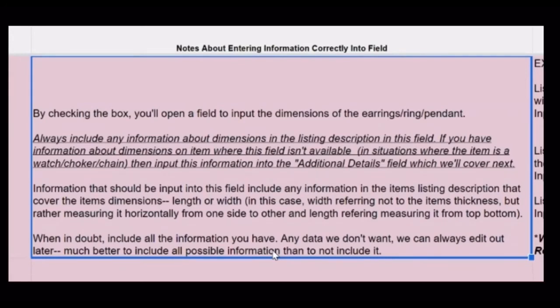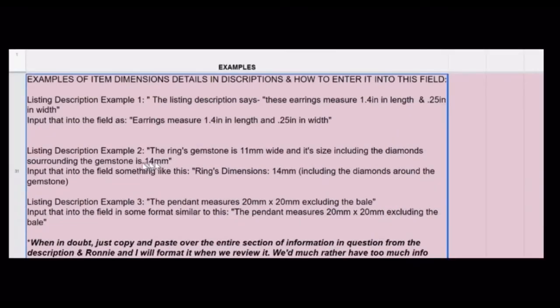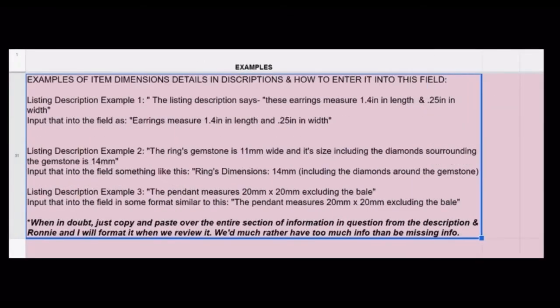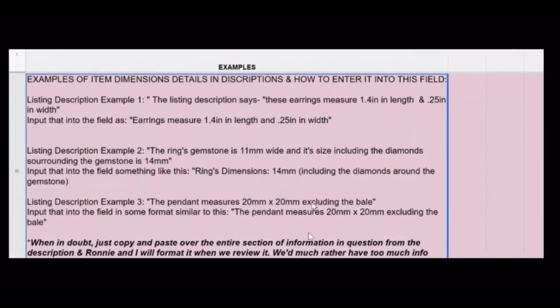And when this field isn't available, for example, if you're dealing with a choker or watch or a chain, and for some reason there are some item dimensions in the listing description, for example the watch face measurements, then since you don't have this field available, you would put that information into additional details, which we'll cover next. It really doesn't matter how you input it because we're going to go through it and change it if we need to. I'll read you the examples.